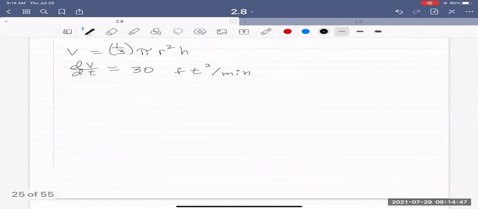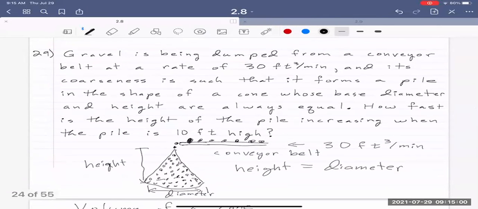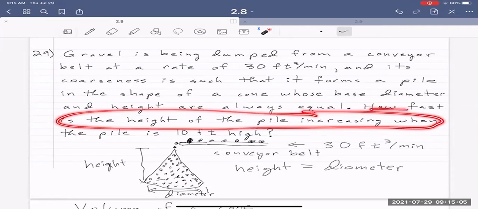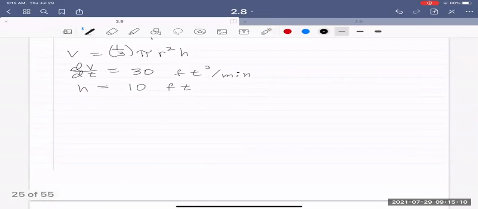So when h is equal to 10 feet, I want to figure out dh/dt when h is 10.